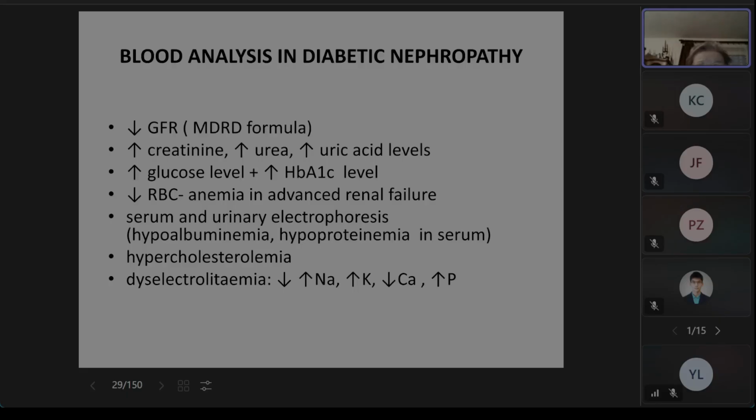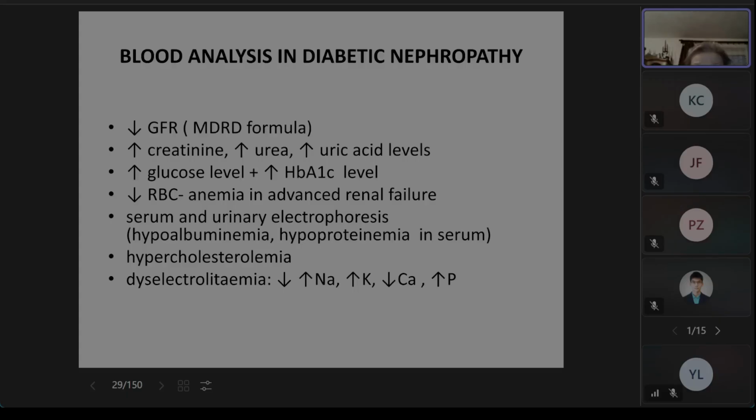Of course, you will also find some dyselectrolytemia parallel to the stages of diabetic nephropathy. These are decrease or elevation of sodium level, usually elevated level of potassium and phosphorus, and decrease in calcium level.